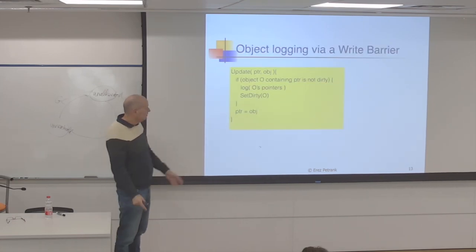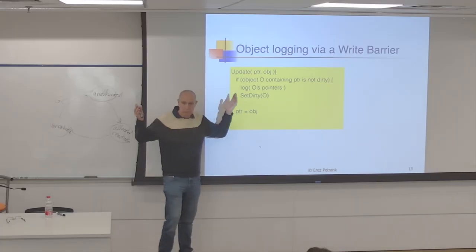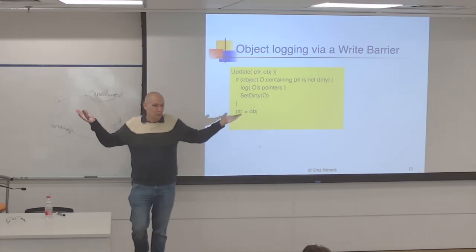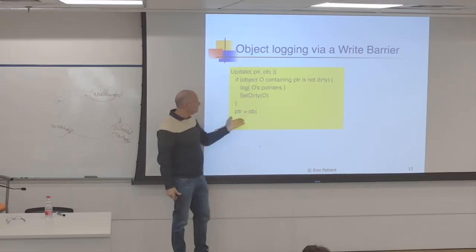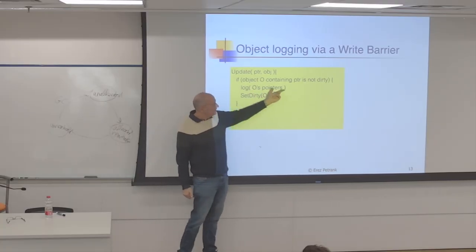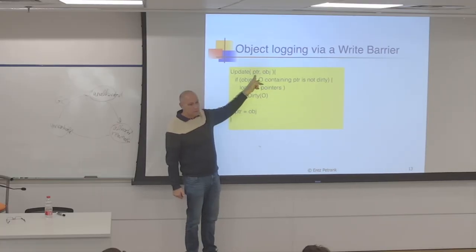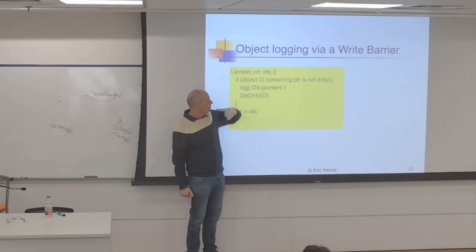Okay, so what do you do if you just want to copy an object before it is modified? This is the simplest thing you can do. You have this pointer that you want to point to the object.